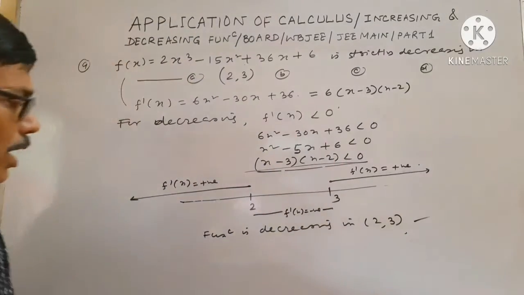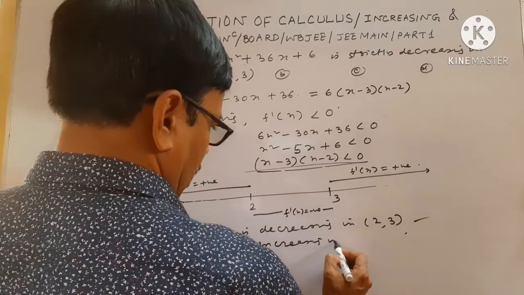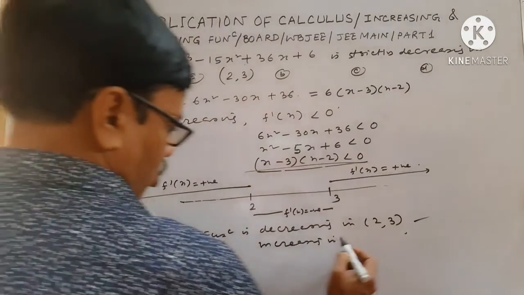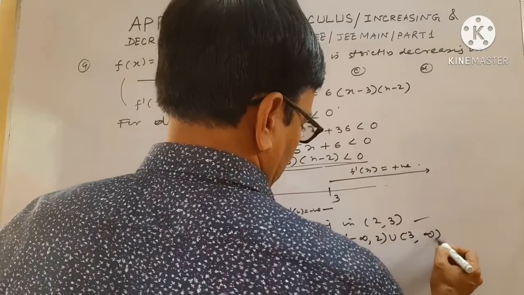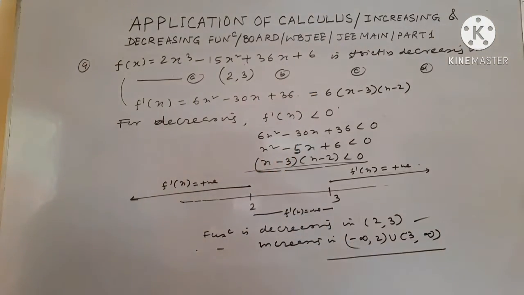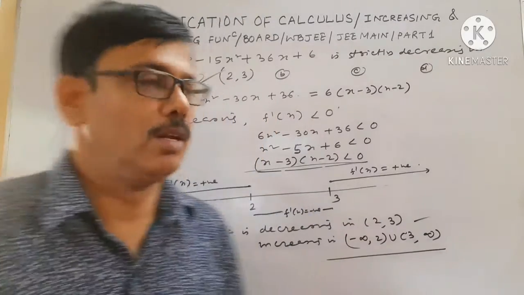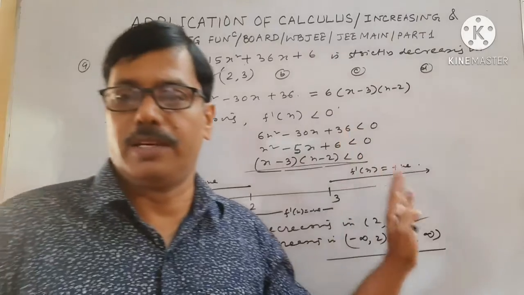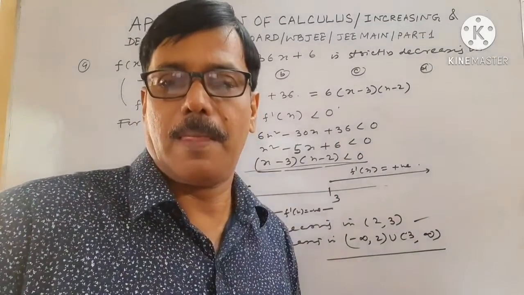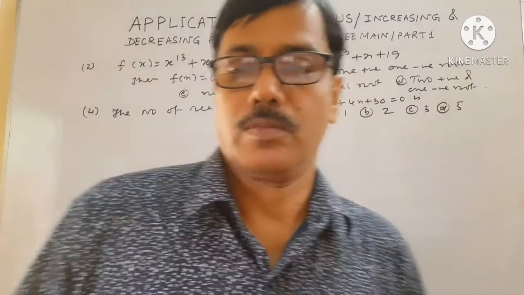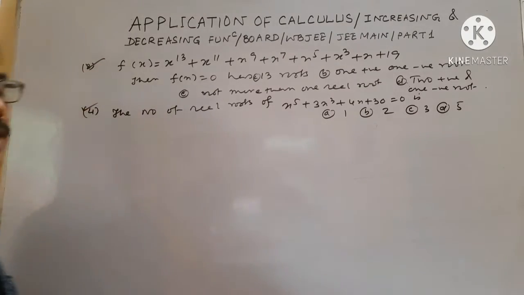Now the function is increasing in less than 2, so minus infinity to 2, union 3 to infinity, and it is decreasing in (2, 3). So a very simple and important problem for board exams. Now we consider problems number 2 and 4. They are exactly the same.